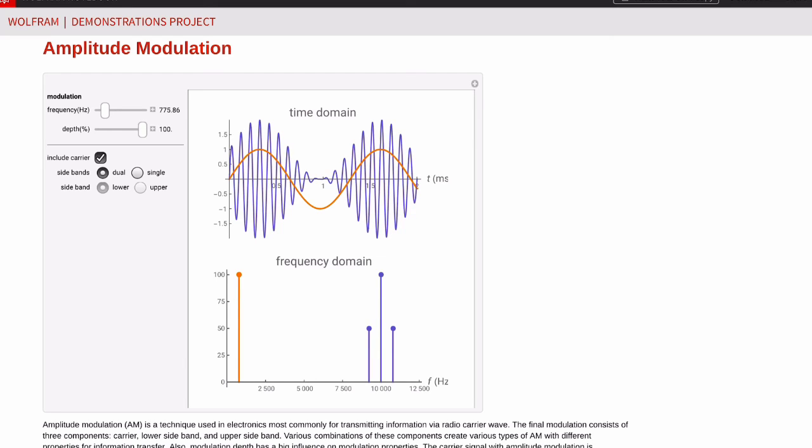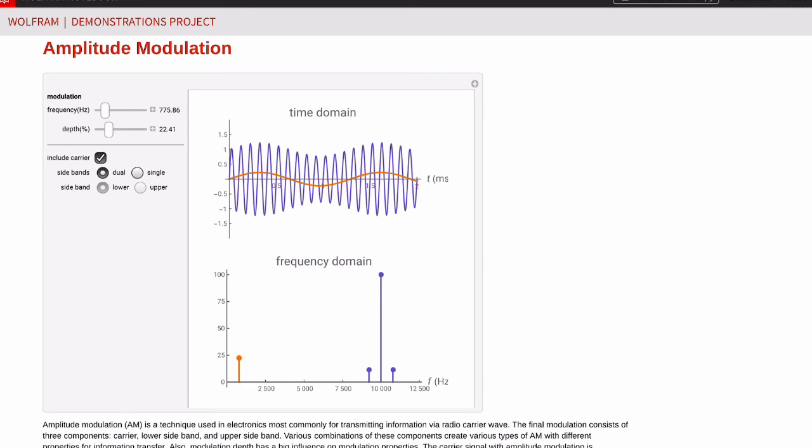So at 100% modulation, the amplitudes of the sidebands are each half the amplitude of the carrier. Whereas if I were to reduce the depth of modulation, the sidebands diminish. They become much less powerful compared to the carrier.